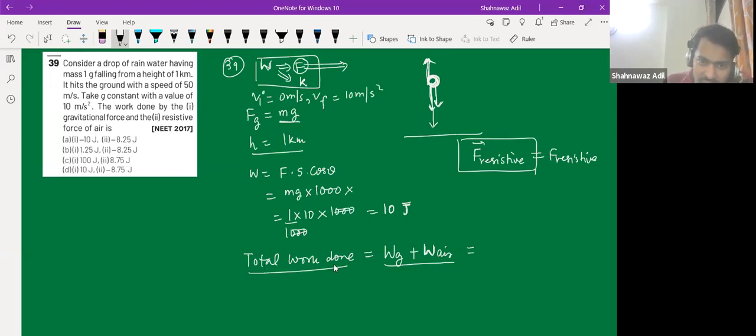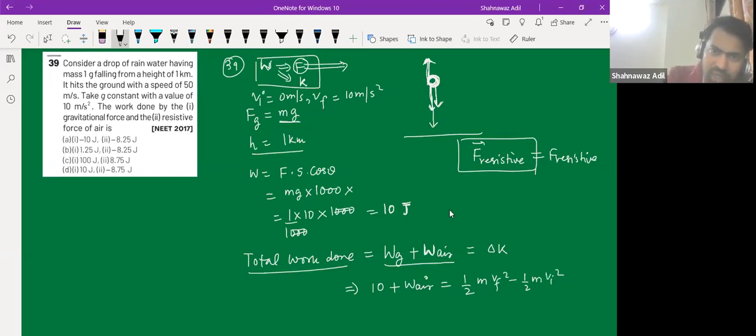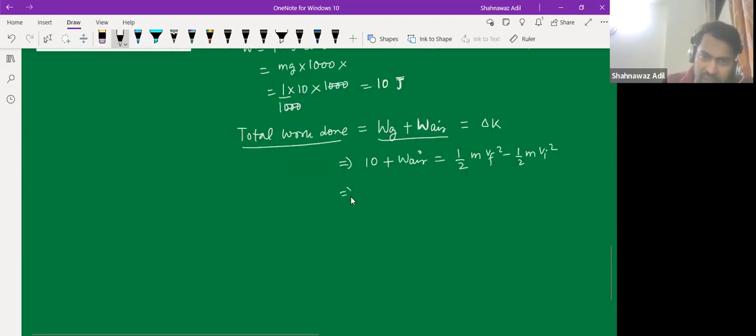From the work energy theorem, the total work is the change in kinetic energy. So this is 10, which we have calculated for mg, plus the work done due to resistive force, equals half m v final square minus half m v initial square.